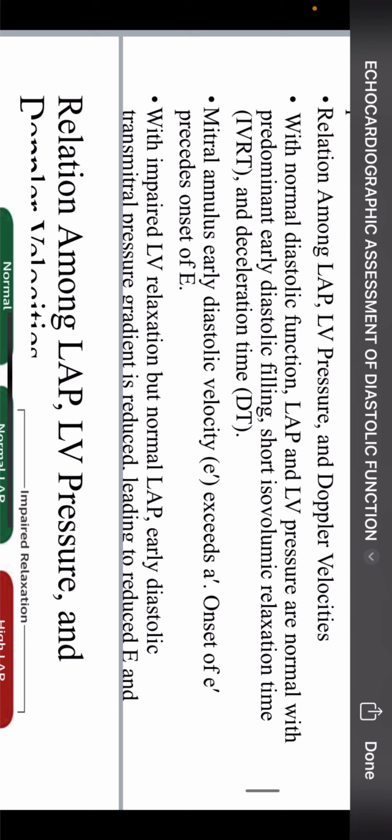So if the transducer is put on the apex, in the normal flow, blood will flow from LA into LV, the blood will be coming from the base to the apex towards the transducer. That is a positive flow direction. Now for the annulus, I told you these are mitral annulus.